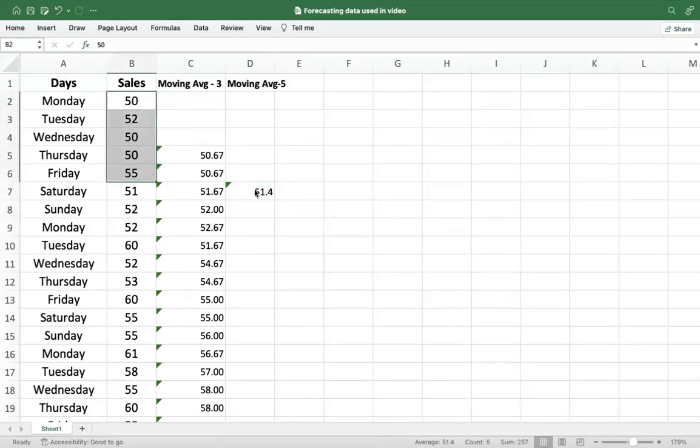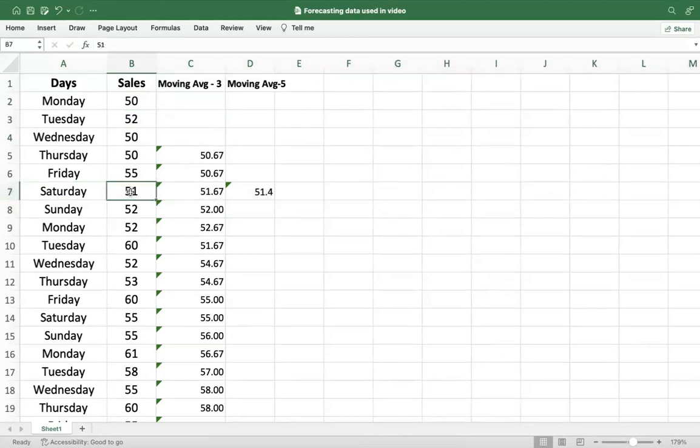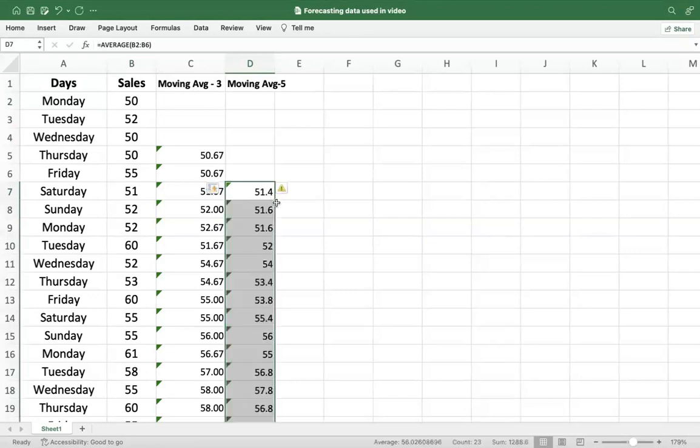And remember, when I was calculating the forecast for Saturday, it's 51.4. At that time, this actual value was not available. But when this actual value, that's 51, actual sales becomes available, then I will enter it here. And similarly, you can just double click this one and it will automatically fill these cells.